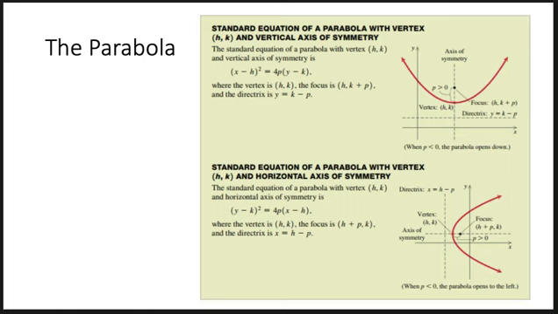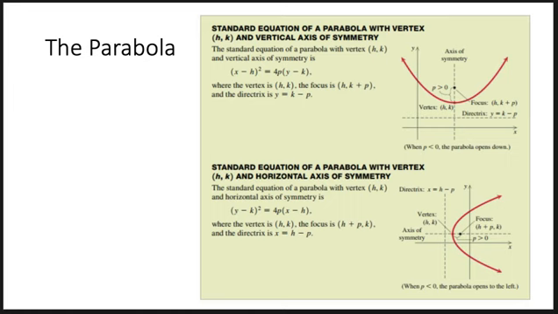We did something similar to this when we talked about the standard equation of a quadratic function. We used the variables h and k, and we're going to go back to those h and k's to talk about the vertex of our parabola here. So h is going to be that translation left or right, and k is going to be the translation up or down.